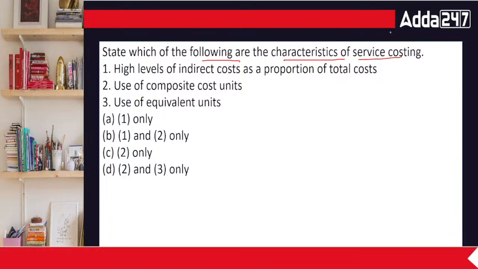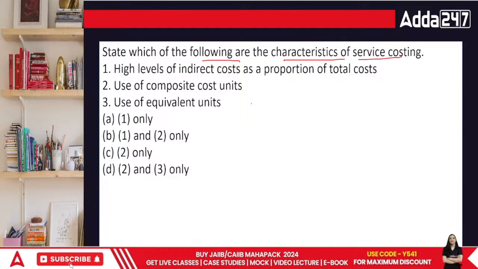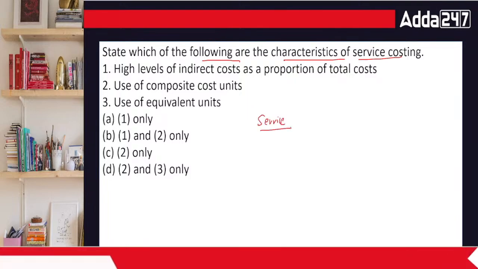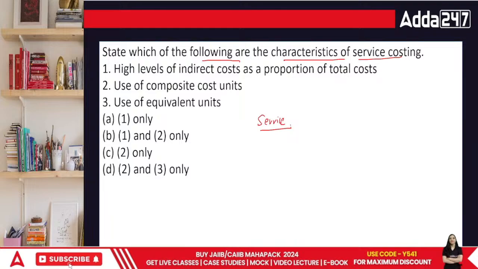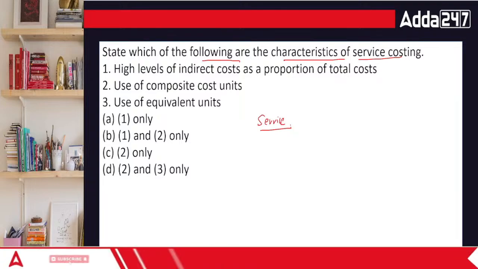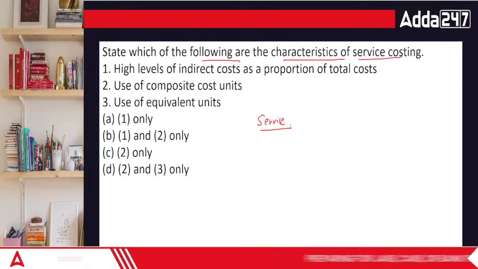Service costing is specifically a costing format which is based upon only one thing, the services that we are providing. It is also called operating costing. Okay, this is a kind of costing in which we are not making a good. If I am making a good, then obviously you can find the cost of it easily. Cost of material, cost of everything can be separated properly. But in terms of service costing, can you find anything?